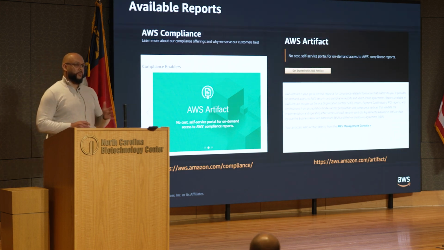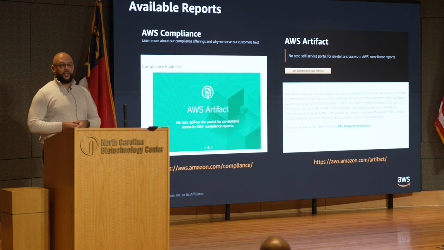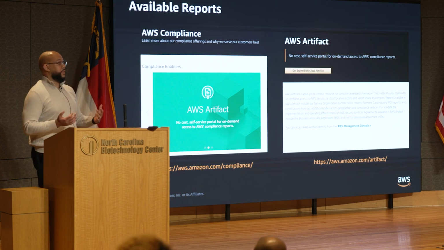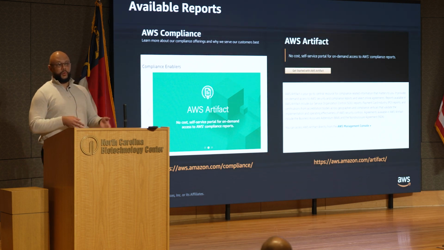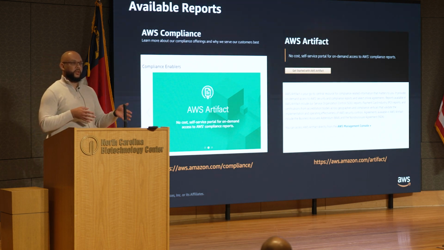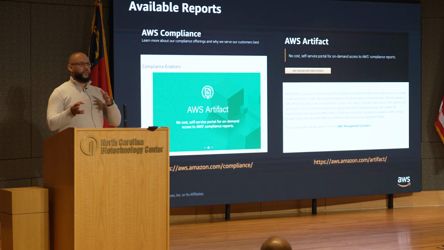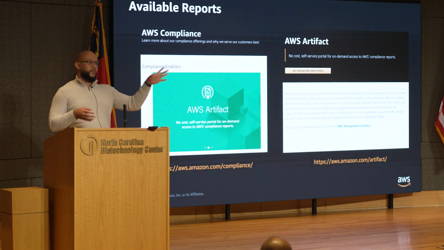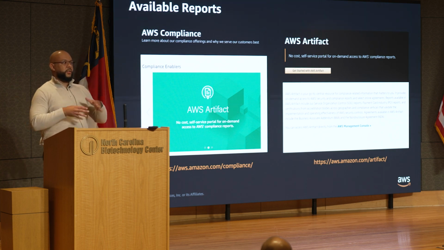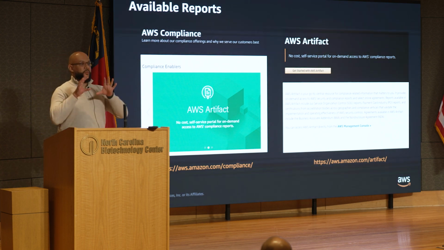A perfect example of this would be something like FedRAMP, NIST 800-53. FedRAMP would apply to specific AWS regions, specifically the GovCloud regions, and then I think US East, West, and Canada Central are within scope of that. Other regions like in Europe and Asia aren't within the scope of the FedRAMP certification.